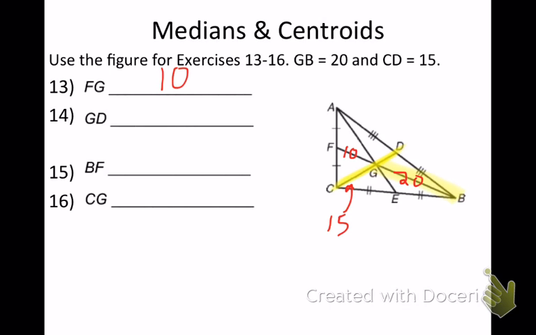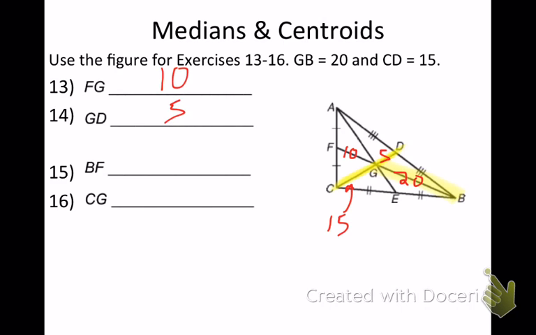Great. What's GD going to be? GD would be 5. How'd you figure that out? Well, since CD is 15, 15 divided by 3 would be 5. Great.